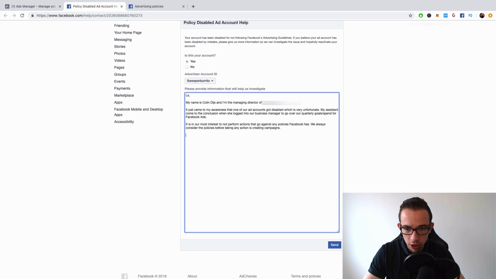We always consider the policies before creating any campaigns. However, I'm aware that the following guideline might not have been considered.